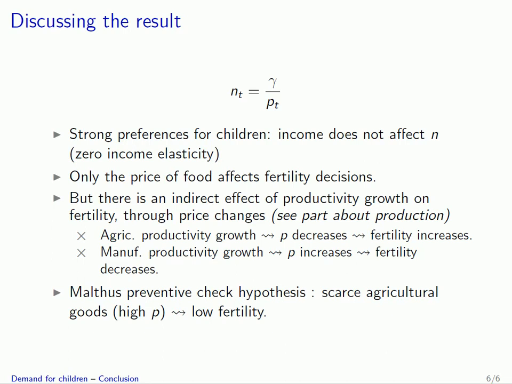But if the price is high, then in this model we obtain that the fertility is very low, which means that once you have scarce resources, then people naturally tend to limit the number of children that they want to have.